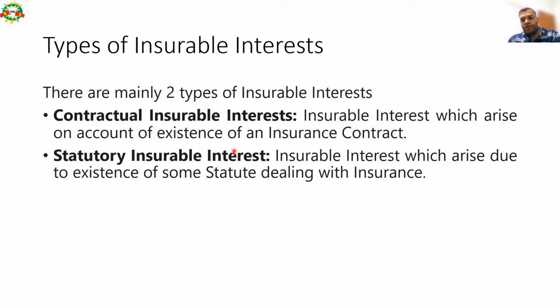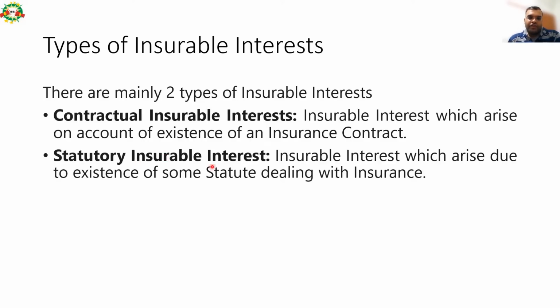Contractual insurable interest is that which may arise on account of existence of a contract. So if I sign an agreement, or if I have taken a loan from a bank, based on that contract some insurable interest has come to me.